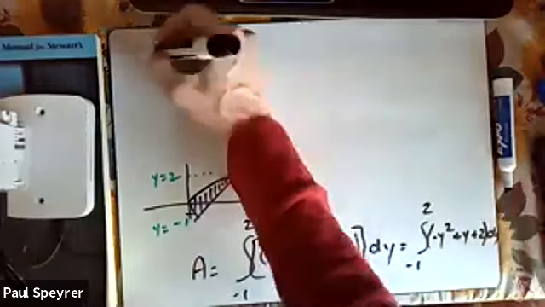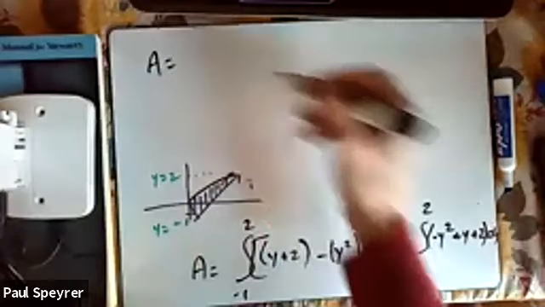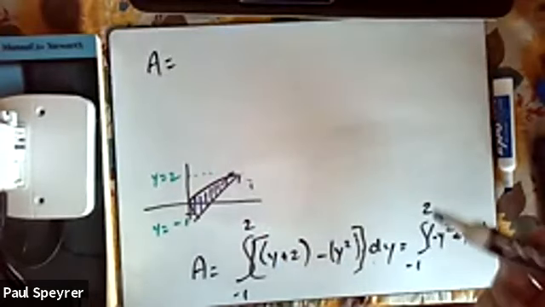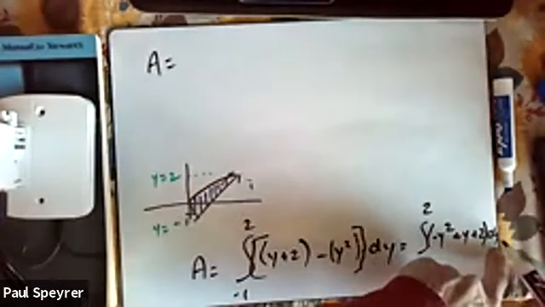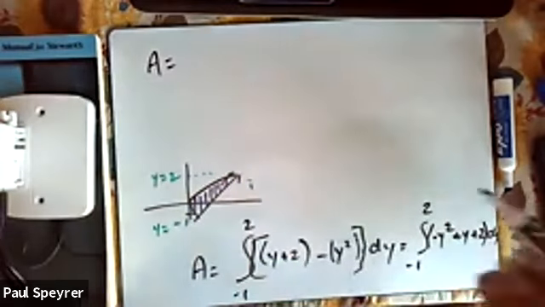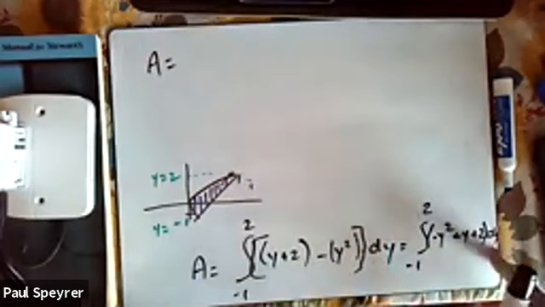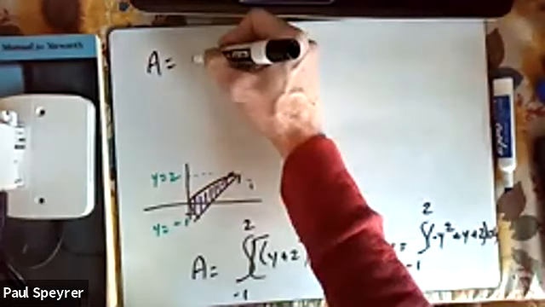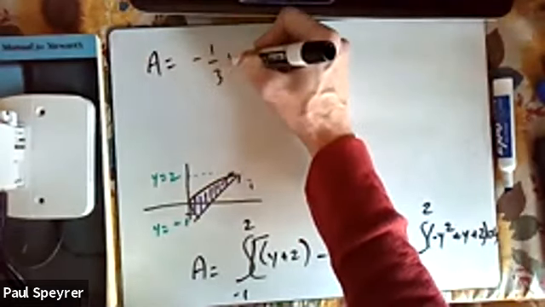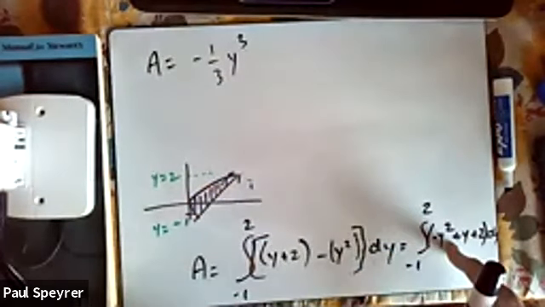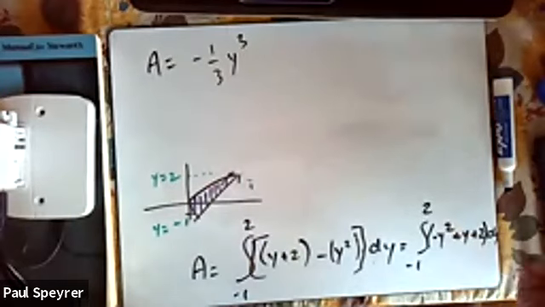So now let's go there and take the antiderivative. I know we've only been doing dx's the whole time, but it's still the same concept. It doesn't matter if it's dy, dx, whatever. It's still the same rules. So the antiderivative of negative y squared with respect to y is just negative 1/3 y cubed, right? It still follows the same rule. If this was negative x squared dx, what's the antiderivative of negative x squared?